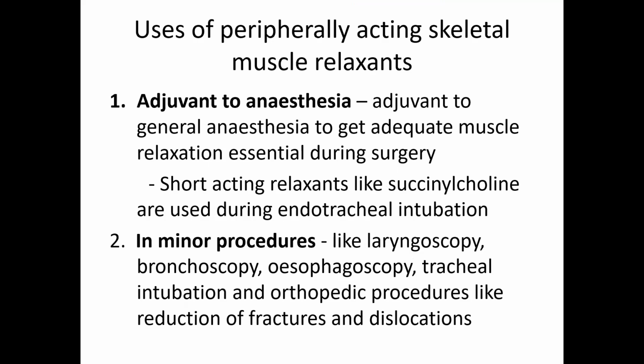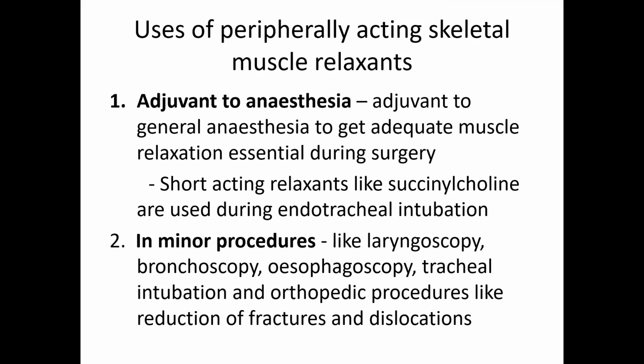And coming to the uses of the peripherally acting skeletal muscle relaxants: number one, they are used as adjuvant to the general anesthetics to get adequate muscle relaxation, which is essential for surgical procedures. Short-acting skeletal muscle relaxants like succinylcholine are used during endotracheal intubation.